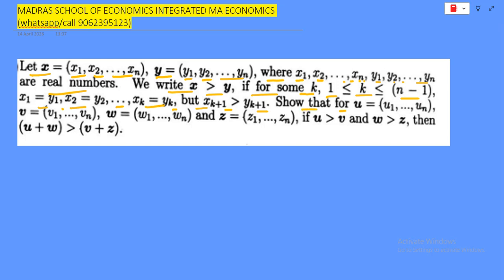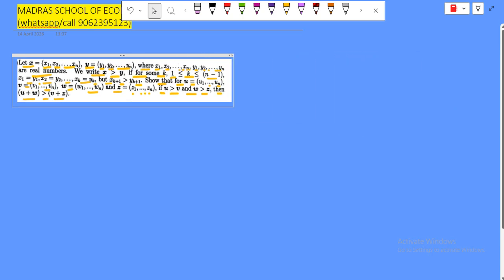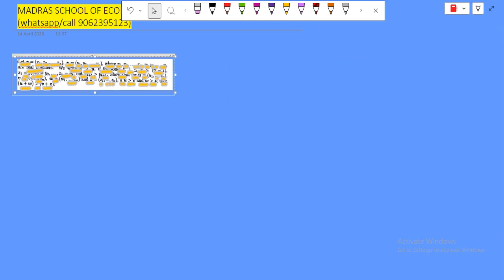Now show that for u equal to u1 up to un, v equal to v1 up to vn, w equal to w1 up to wn, and z equal to z1 up to zn, if u greater than v and w greater than z, then u plus w is greater than v plus z.